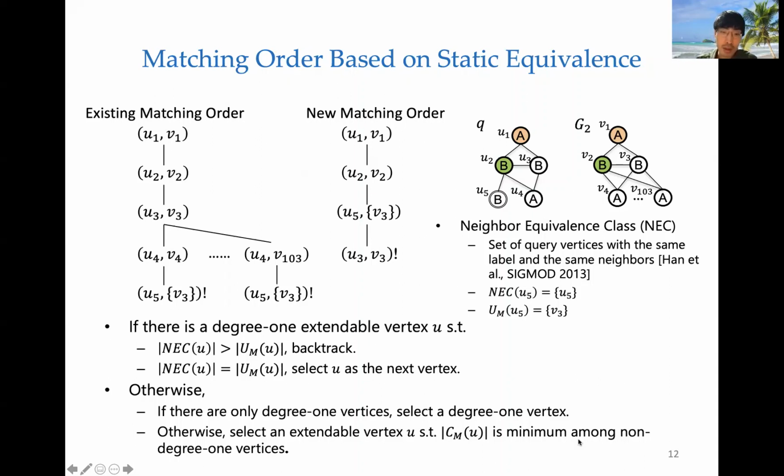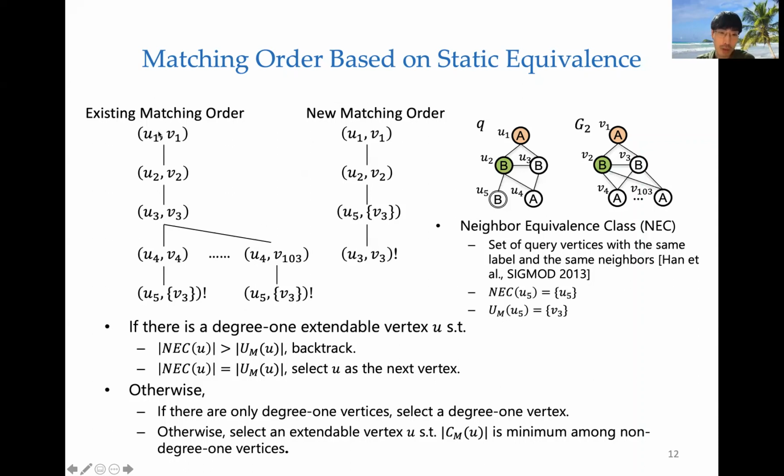That is, they map degree-one vertices as late as possible, because degree-one vertices generally have a lot of candidates because their degree is low. But based on our observation, there are some cases where degree-one vertices also have a small number of candidates, and always postponing these degree-one vertices like U5 as late as possible may lead to a huge search space of backtracking.